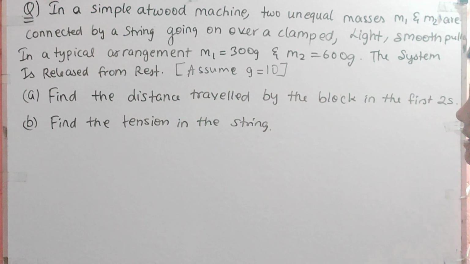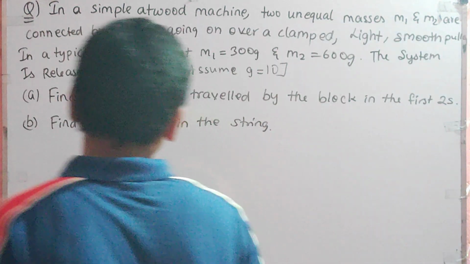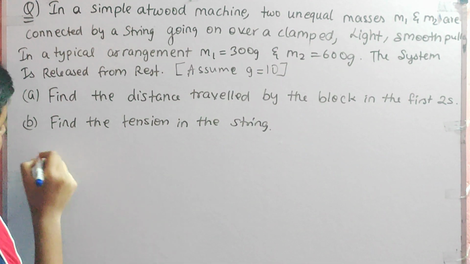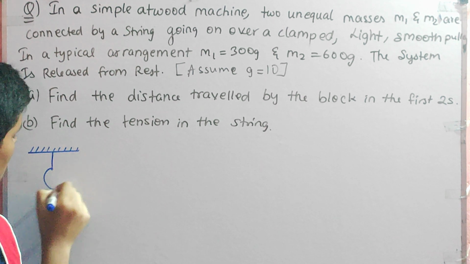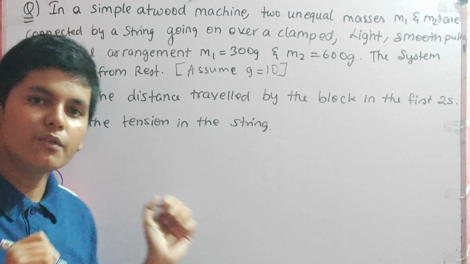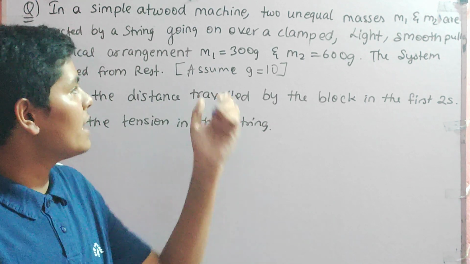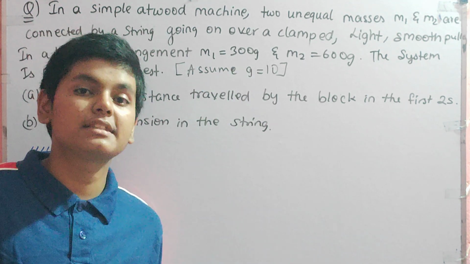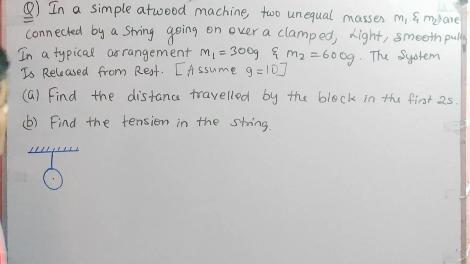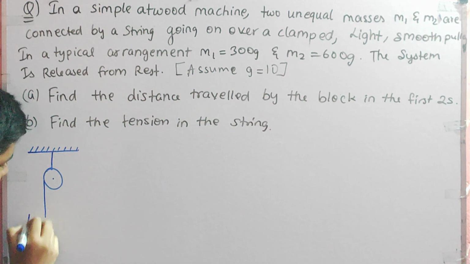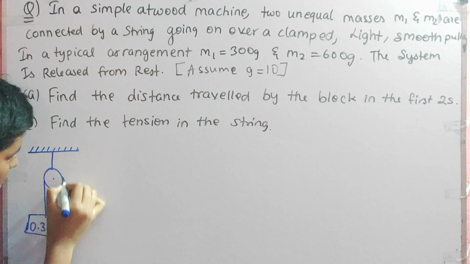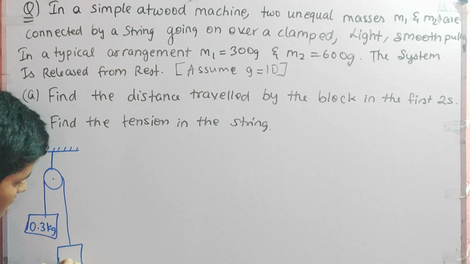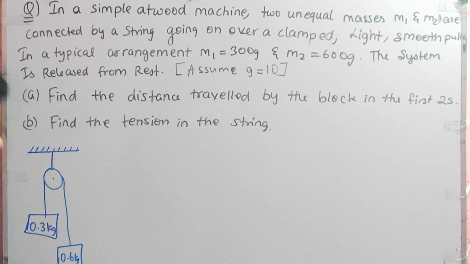So first you have to find the distance travelled by the block in the first 2 seconds. Second, we have to find the tension in the string. So let me draw the arrangement over here. Before moving on, we are going to assume that M1 is equal to 0.3 kg instead of 300 gram, and this is 0.6 kg.